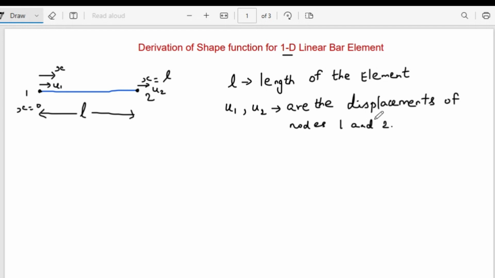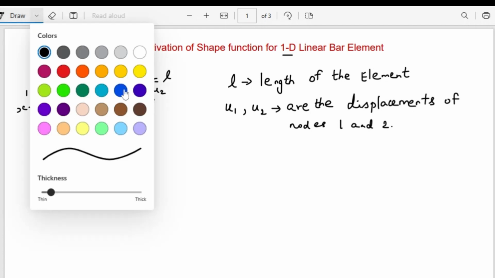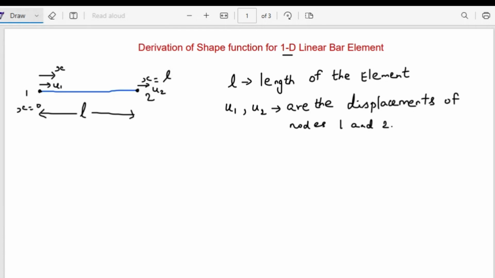So our aim is to find the displacement function. Fine. So let us try to derive the shape function for this.